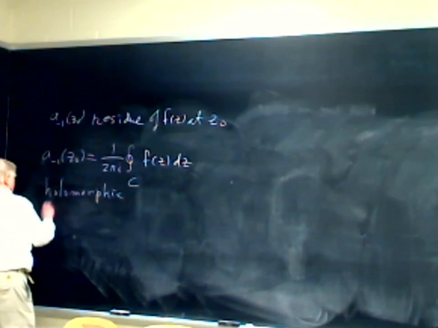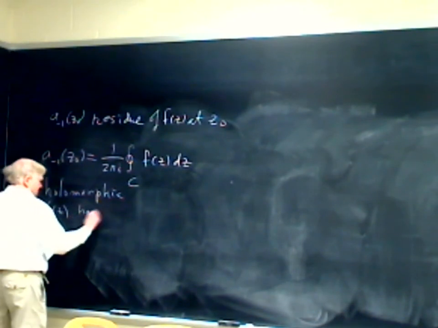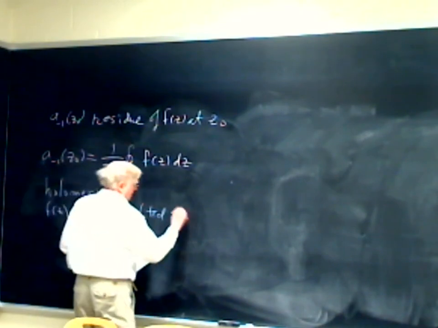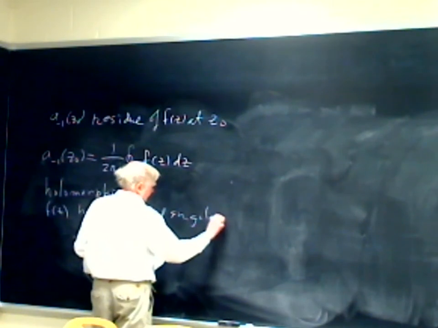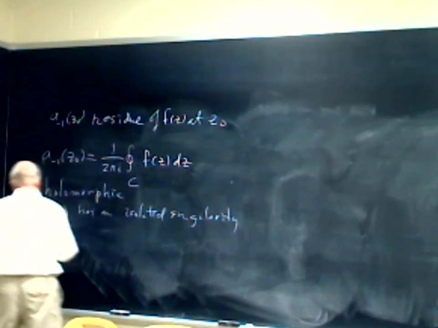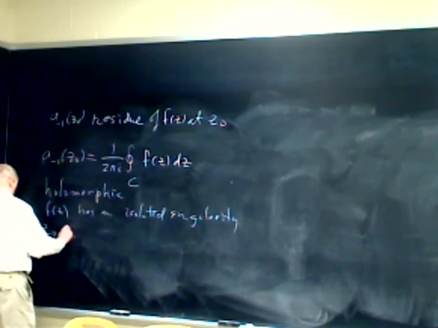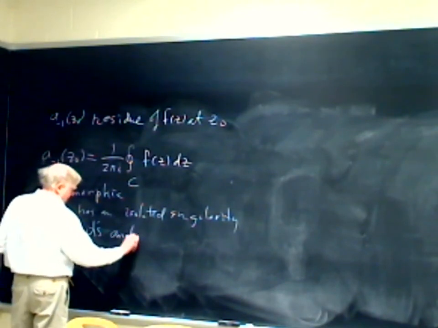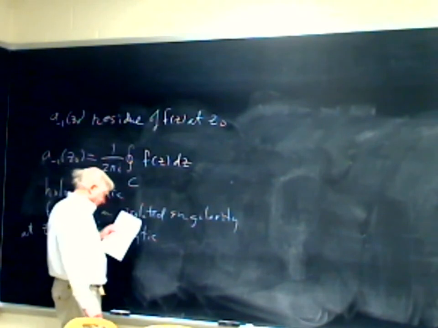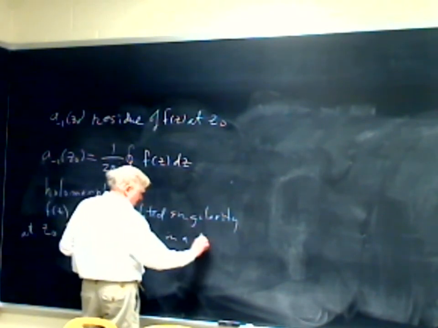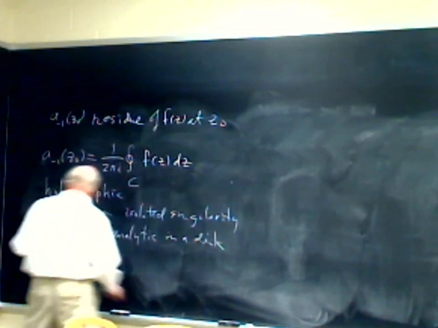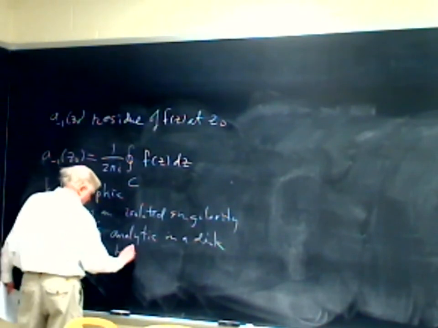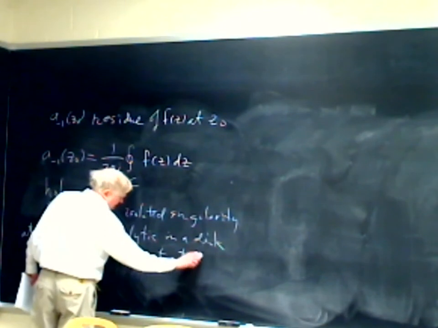All right, the function f of z has an isolated singularity at z0 if it's analytic in some small disk around z0, but not at z0 itself.